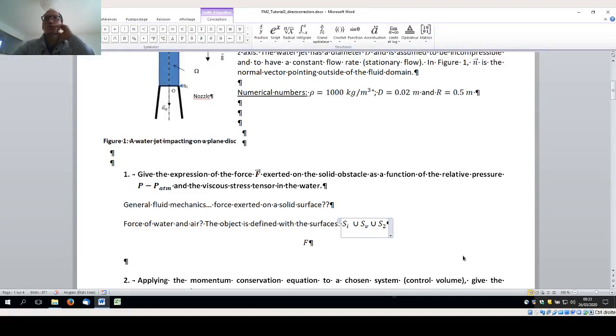So do some of you have ideas about how we define the force exerted on this surface?